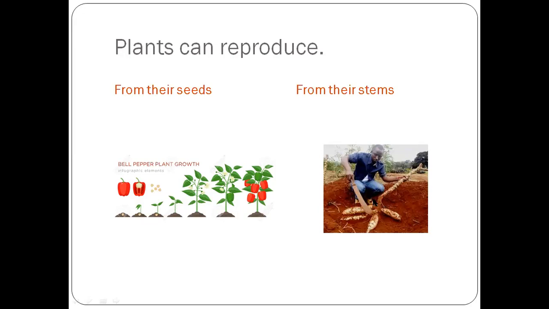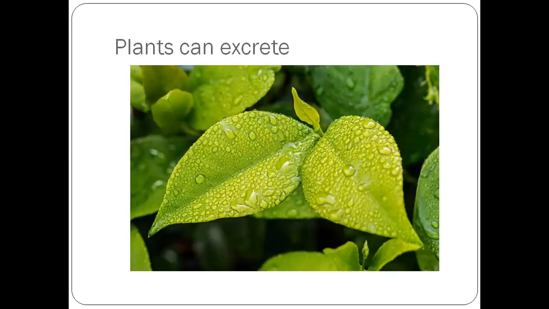When the farmer is done cutting the cassava, he will plant the stem, and it will grow and become cassava again.